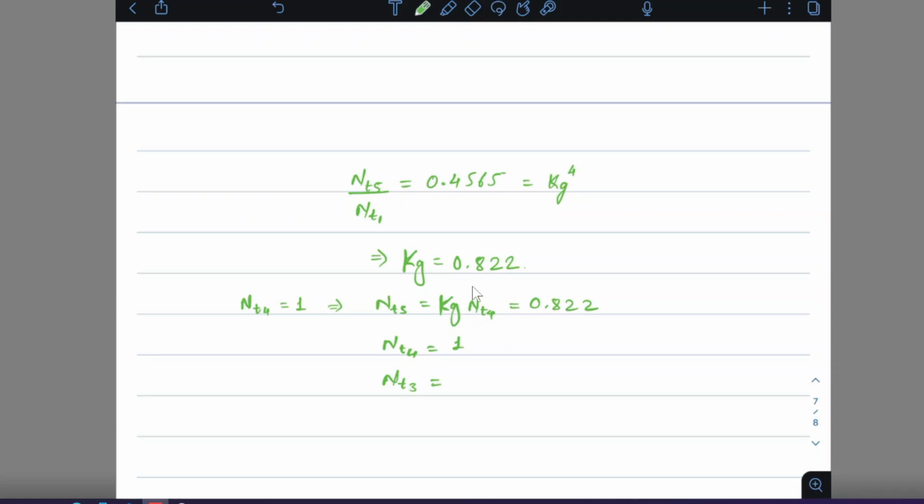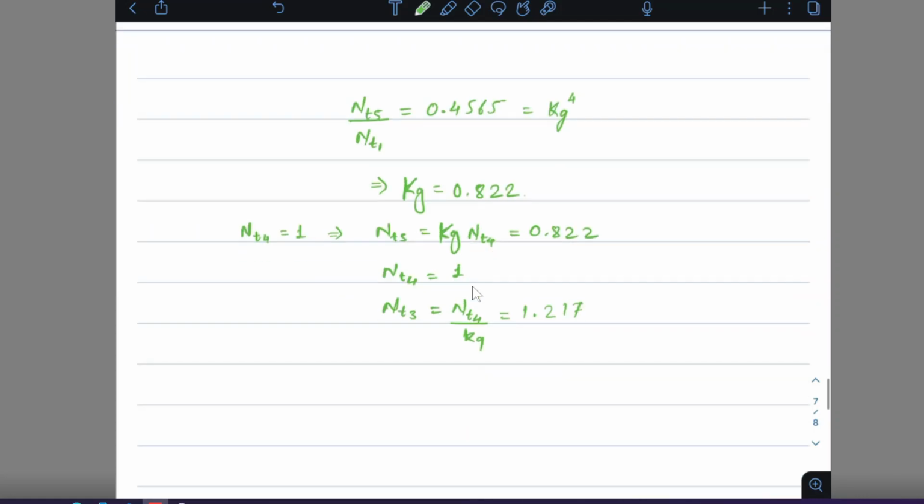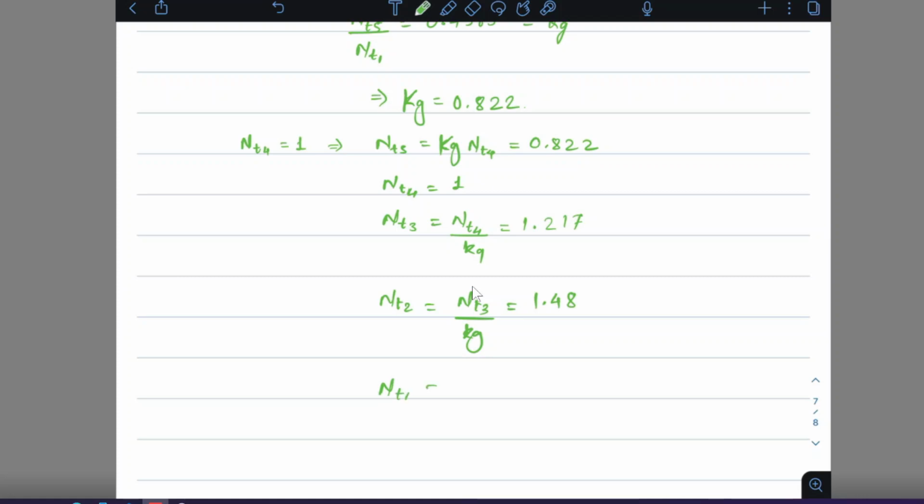Then we can get NT3 as NT2 over kg, equals 1.8.